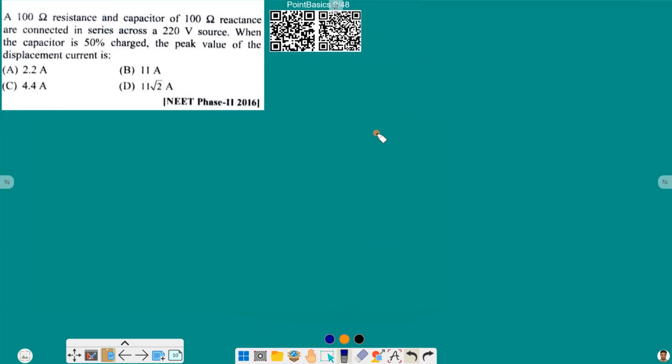So let's start. As we have to find the current, first let's find the impedance. Z will be the square root of R squared plus XC squared, that will be 100 squared plus 100 squared, that is 100 root 2. So this is the value of the impedance, and from this we can find the current flowing in the circuit.